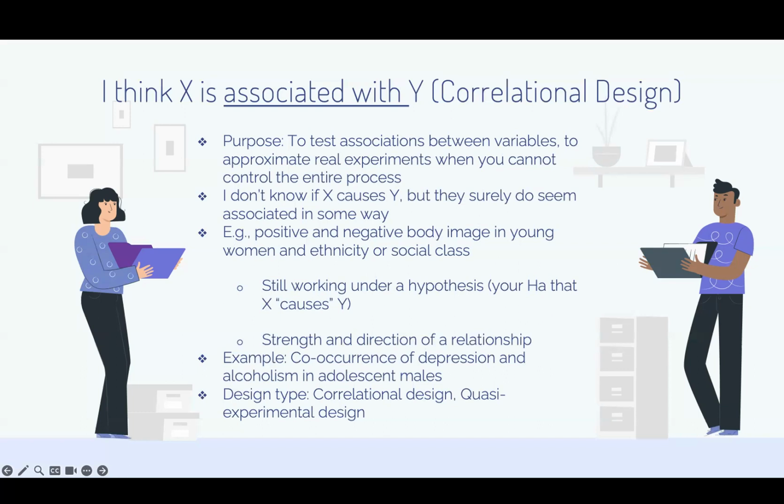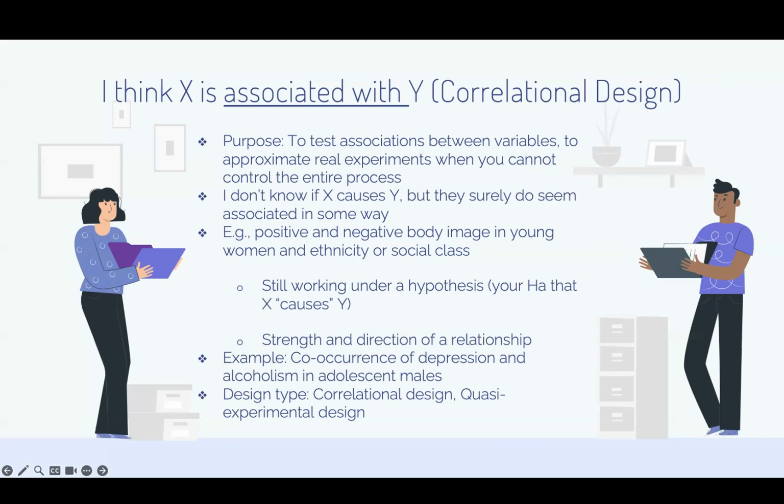For example, in the study of body image, we might observe that positive or negative body image in young women is associated with variables like ethnicity or social class. Here, we are not asserting causation, but acknowledging an observable link.